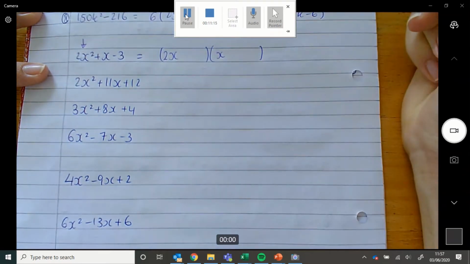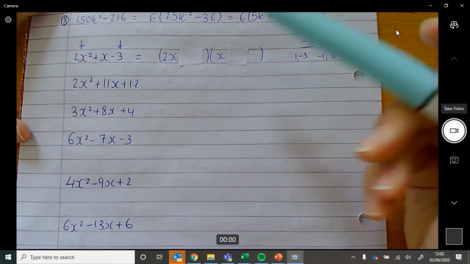One of those must be a 2x and one of them must be an x.